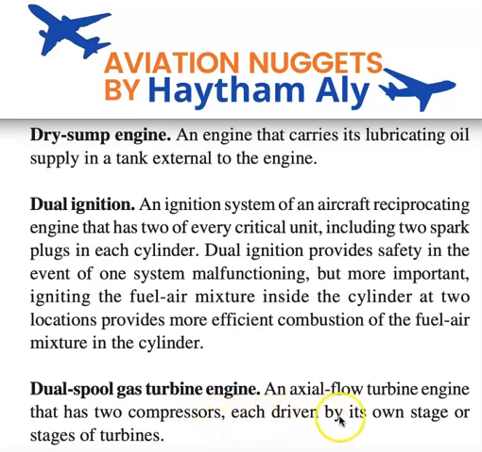Each compressor is driven by its own stage or stages of a turbine. So we have a high pressure turbine on the high pressure rotor and a low pressure turbine on the low pressure rotor. This engine is composed of two independent rotors. The low pressure rotor is mostly composed of a fan and a booster compressor, all driven by the low pressure turbine, and its speed is indicated on ECAM as N1.